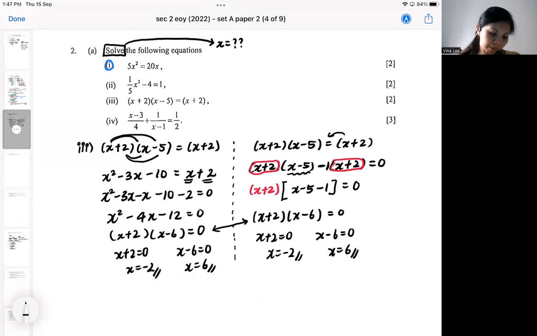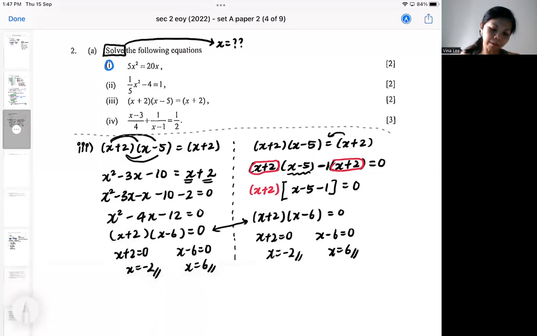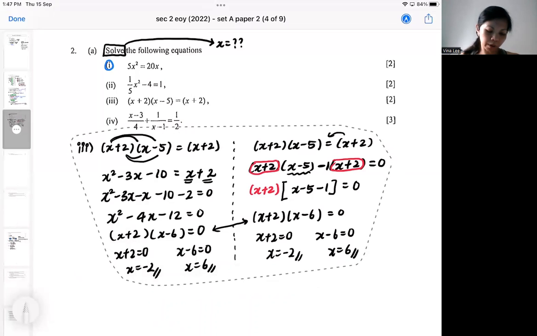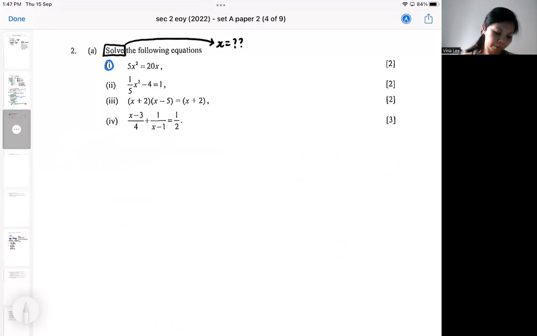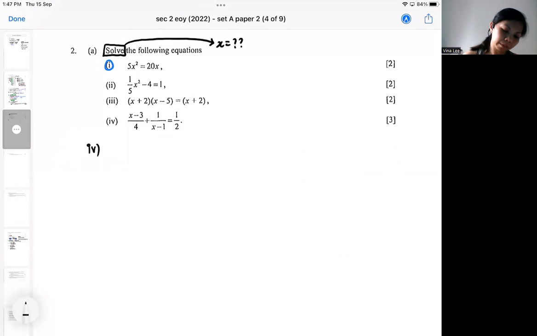Okay, the last part is the one where you see fraction plus fraction again. So fraction plus fraction is the same logic. You got to make same denominator. So you should check out what's missing first. Between these two, you need an x minus 1.